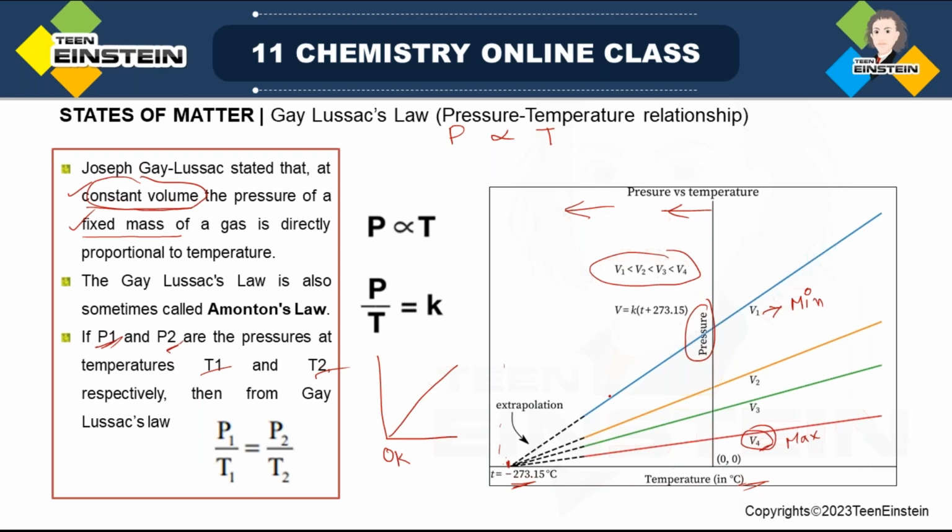When it is degree centigrade, there will be some intercept, otherwise not. So here we have taken 4 different volumes, all constant in each case, and this type of line is known as an isochore. So remember the terms: when temperature is fixed, the lines are called isotherms, then isobars, and in this case volume is fixed, so they are called isochores.